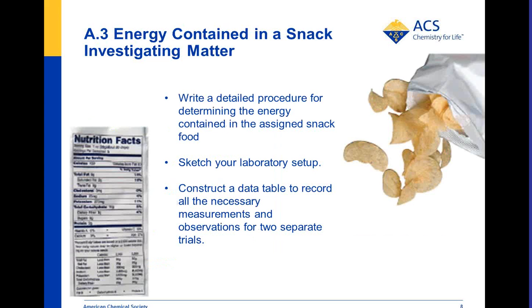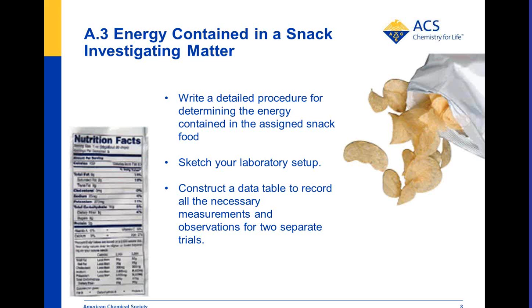All right, in A3, we have the first investigating matter. What they're basically going to do is take a piece of snack food. My kids are doing this on Thursday, and I've suggested that they look at the labels and try to find something that has a lot of fat in it. They remember from burning biodiesel, burning candles and different fuels that it's important to have something that'll burn well.